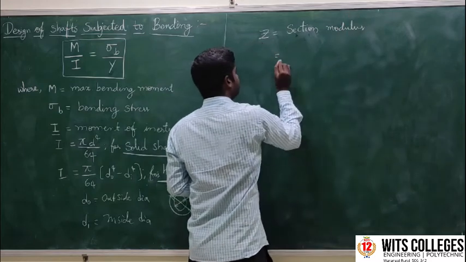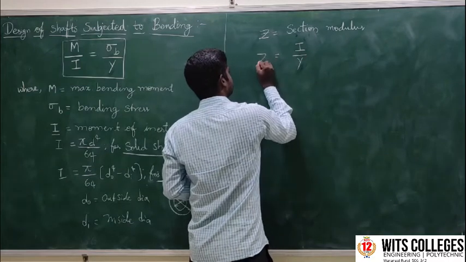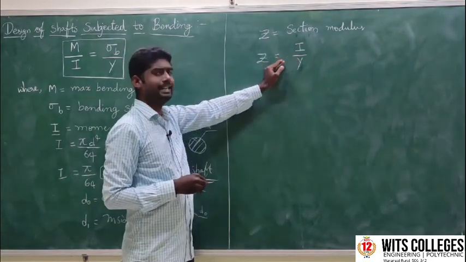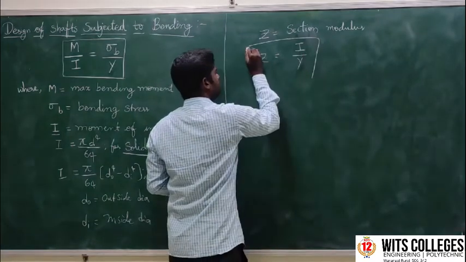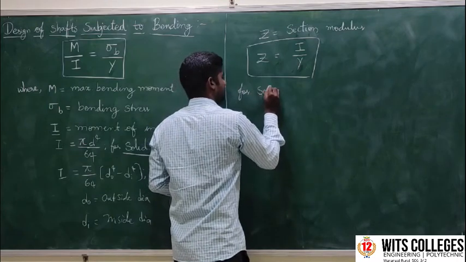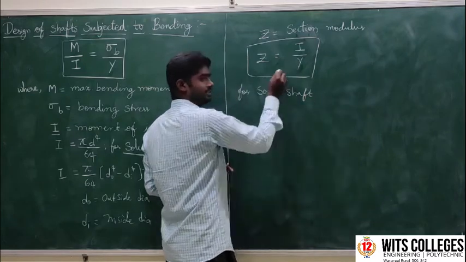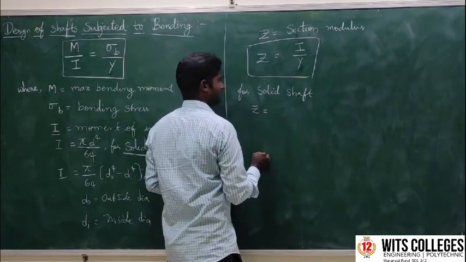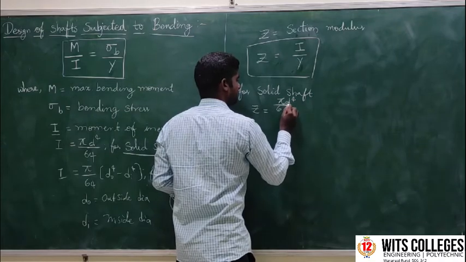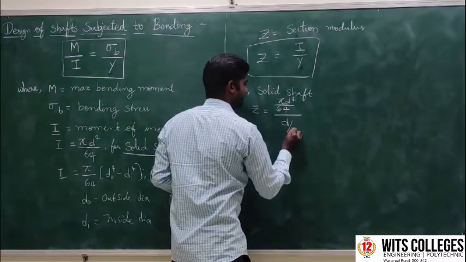The section modulus is denoted by Z, and Z is equal to I by Y. For a solid shaft, Z is equal to pi d power of 4 by 64 divided by y, where y is equal to d by 2.